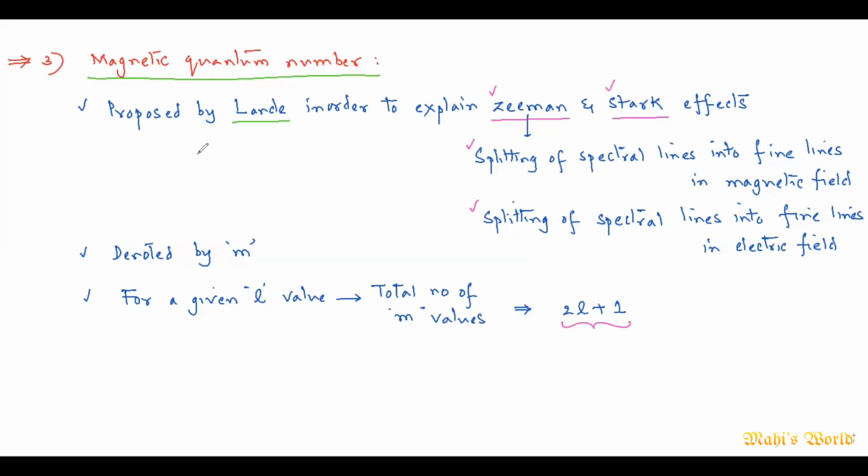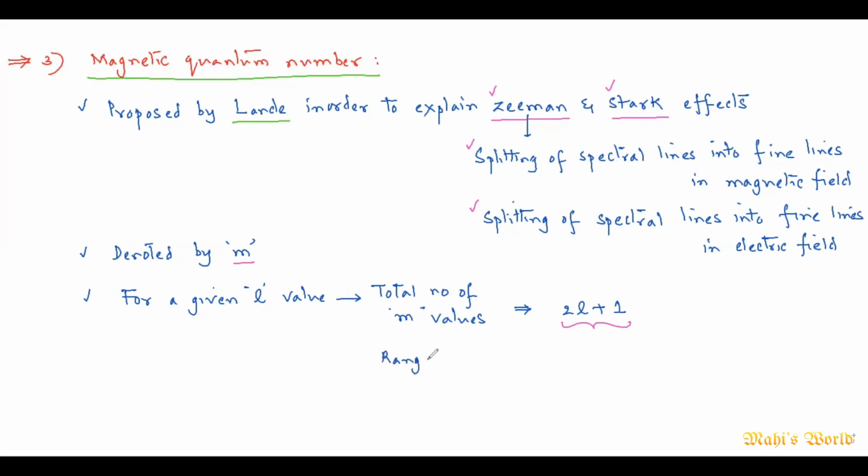Of course, as n refers to the number of orbit, L refers to the number of suborbit, m refers to the number of orbital, to the orbital in which the electron is present. So for a given value of L, the total m values can be given as 2L plus 1.